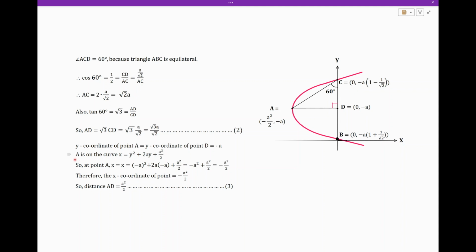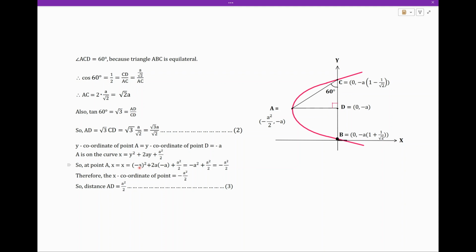A is on the curve x is equal to y square plus 2ay plus a square. So at point A, x is equal to minus a whole square plus 2 multiplied by minus a plus a square by 2.